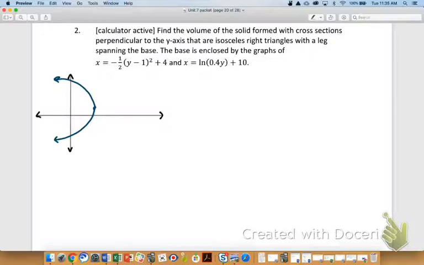Interesting. Trying to think about it. So the other one looks like this.